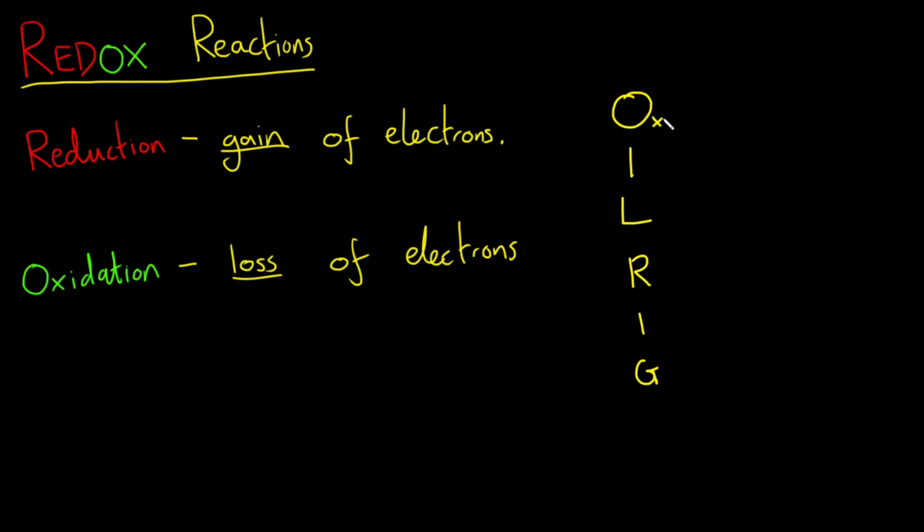So O is oxidation, I is loss. So OIL RIG, the first part, OIL, oxidation is the loss of electrons, where reduction, the RIG part, well, that is the gain of electrons.